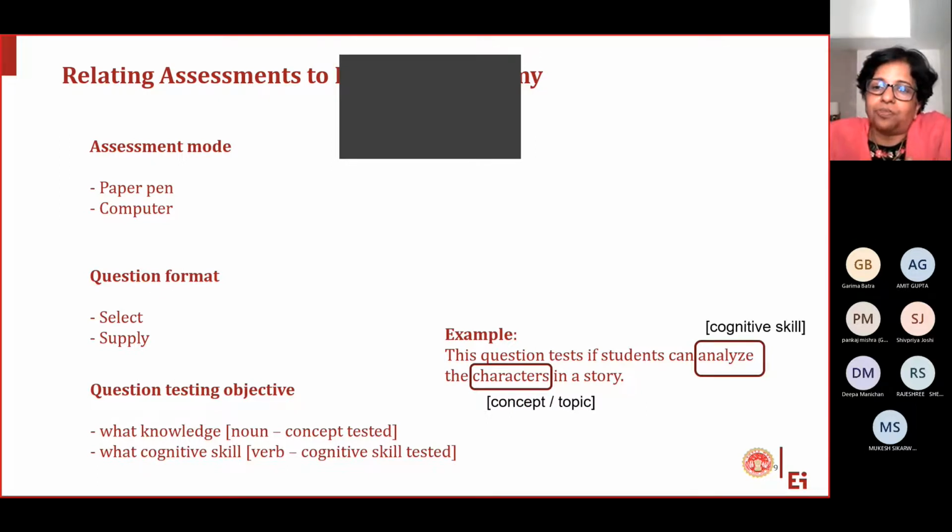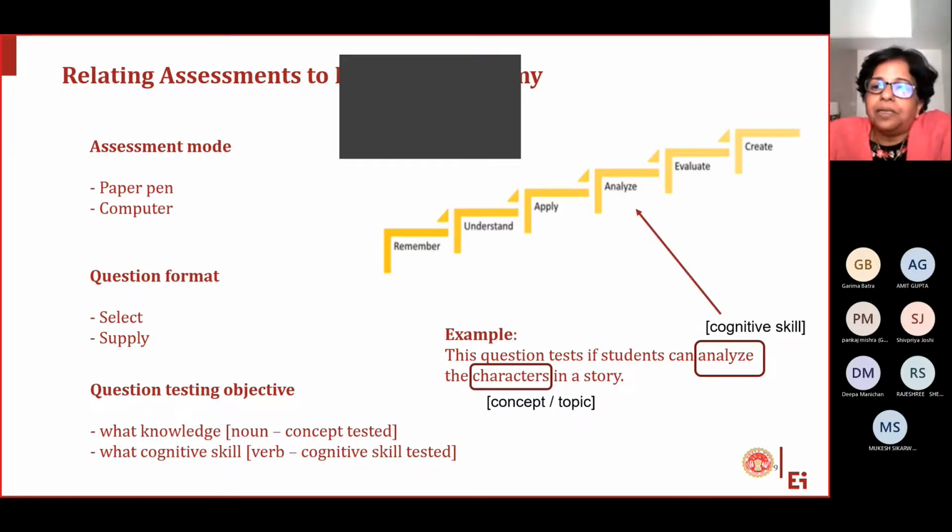So every testing objective should mention the concept and the cognitive skill the question is testing. So the cognitive skill comes from Bloom's taxonomy categorization of skills. Am I clear?